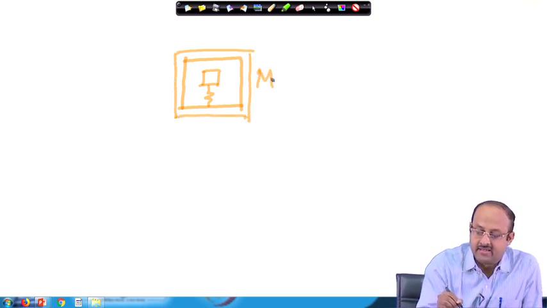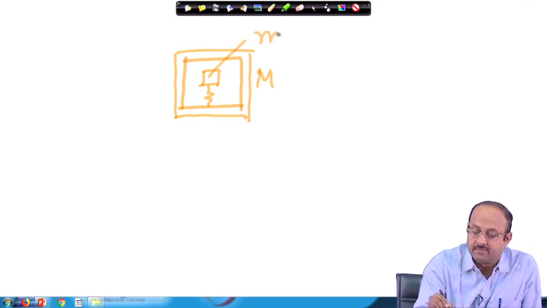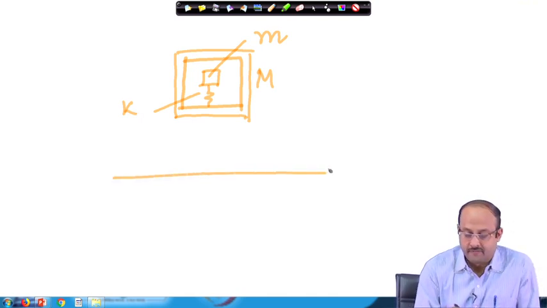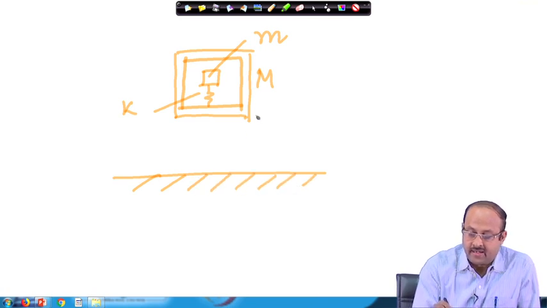Let us consider this mass to be capital M and this mass to be small m, whereas the spring stiffness is k. Now, suppose that this is getting dropped from a height h.